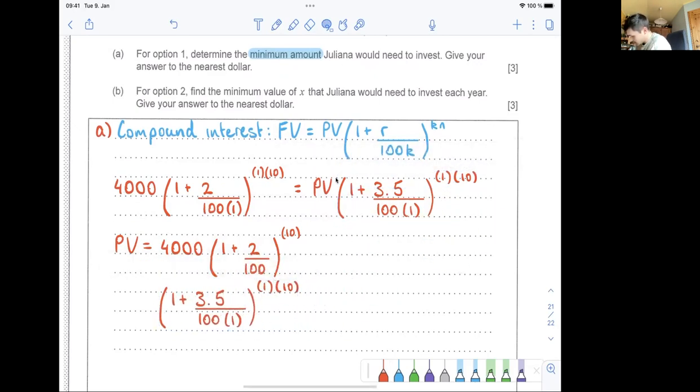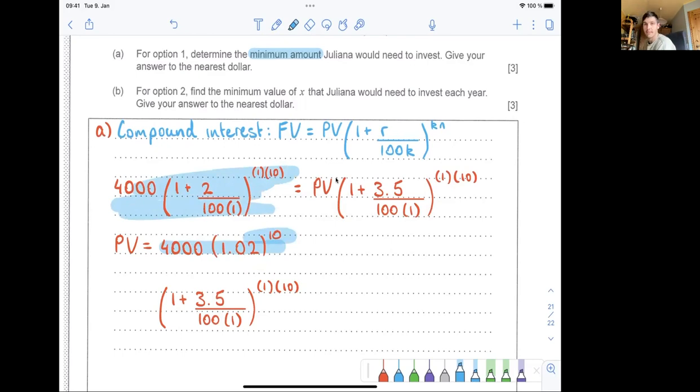In fact, no, I will actually show you what this will turn into if we were just to write it as a decimal. So 1 plus 2 over 100 to the power of 10, we could change to being 1.02 to the power of 10. Okay, so just to show you, this thing here, what I've just written, is the same as this bit here. It's just cleaned up a bit.